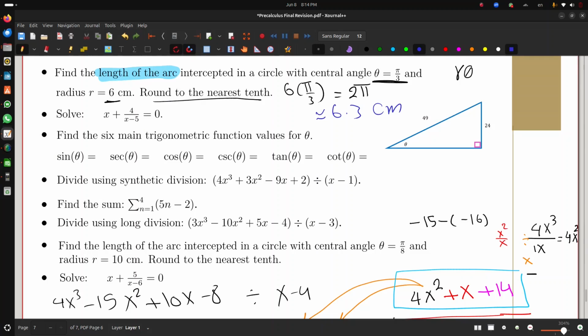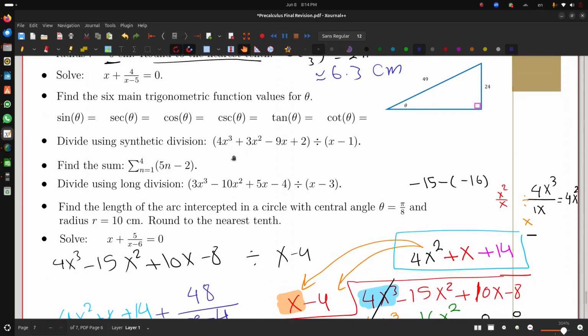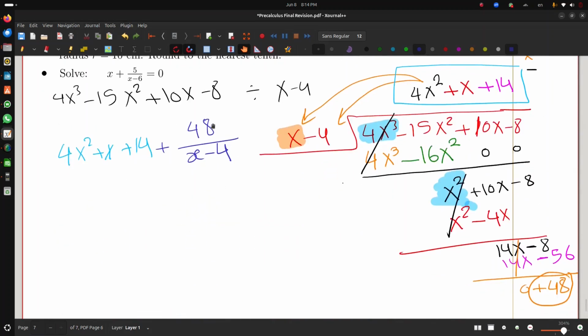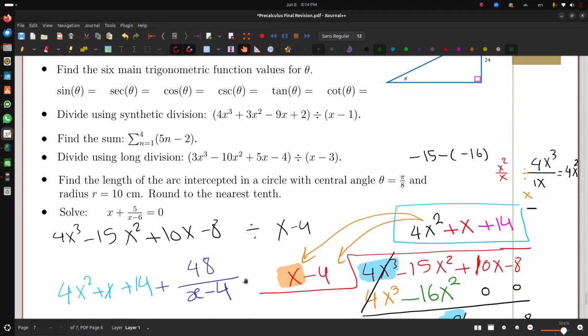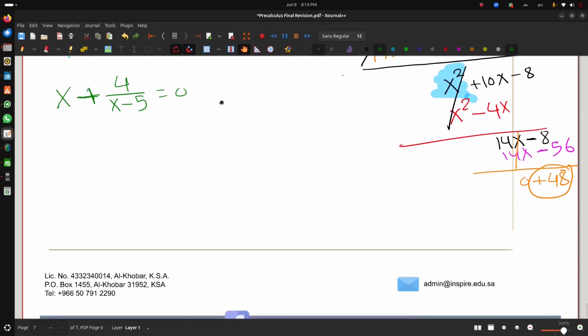Okay, next we need to solve the equation, which is x plus 4 over x minus 5 is equal to 0. Yes.